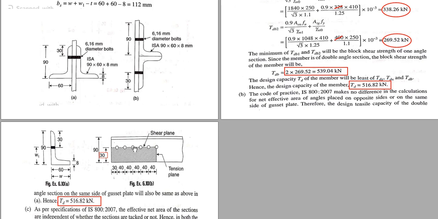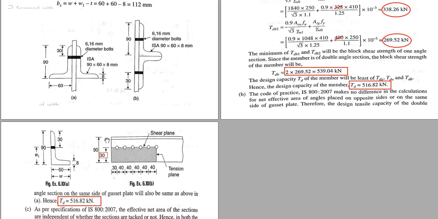So there are 6 bolts, and this is the outer edge, this is the root, that means this is the base of the shorter leg. So from this line to this line it should be 90 and it should be 30 as given here.